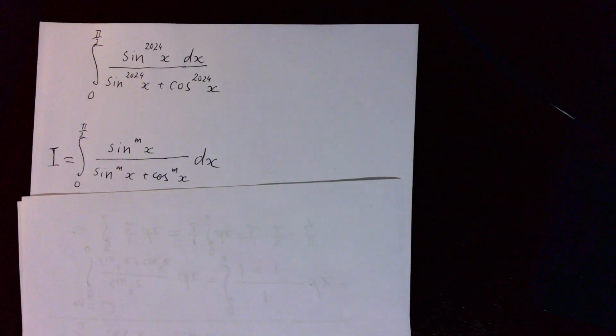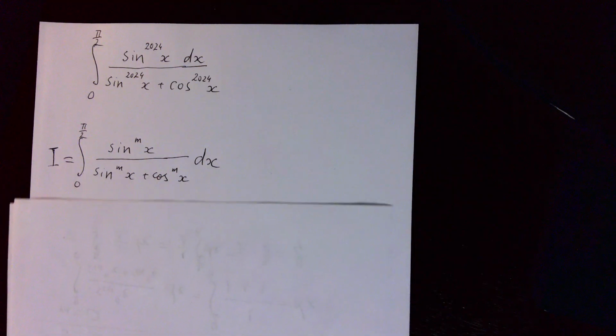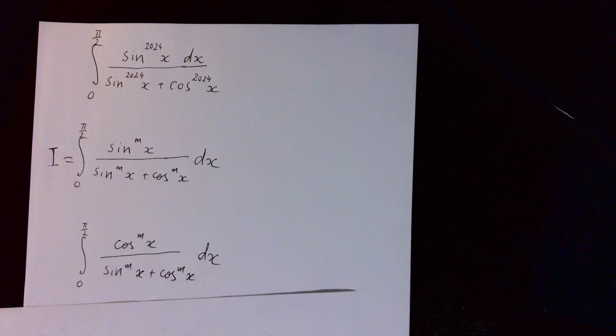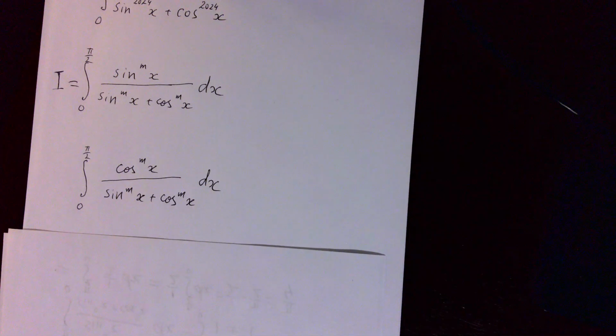Now, we have sine and cosine. The next idea: what if we consider a very similar integral with cosine to the power m? How can we deal with it?